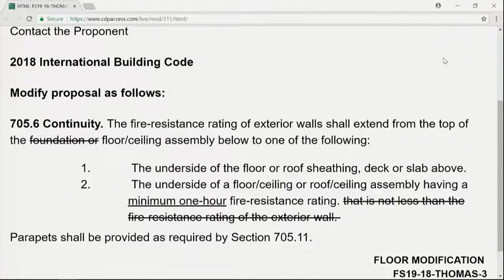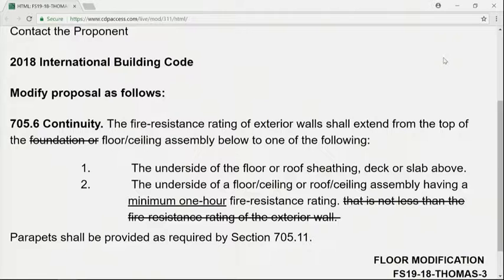Go ahead, Steve. First part is that we deleted the term foundation, because we're really worried about that first 10, 12 inches. We're talking primarily wood construction here. The first 10 or 12 inches of the building, and so we took the foundation down. Didn't make a lot of sense there.